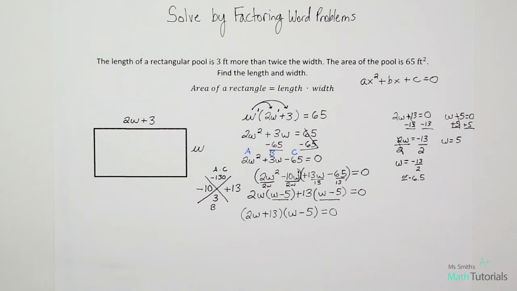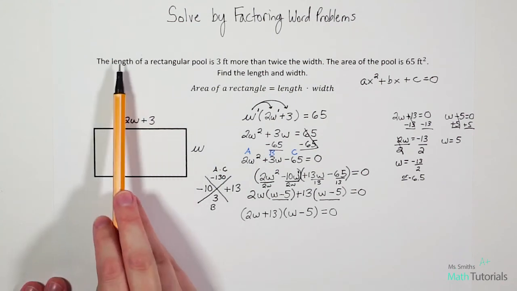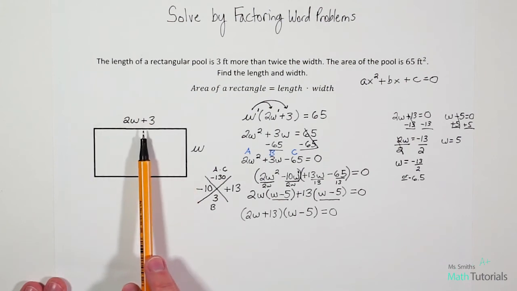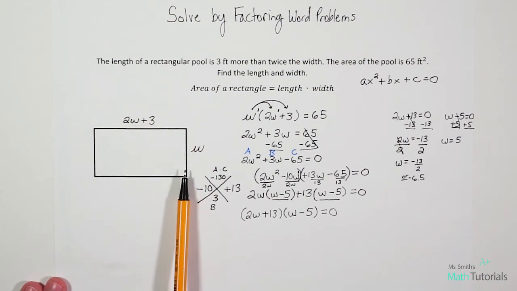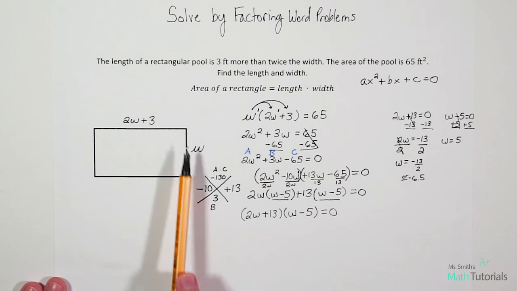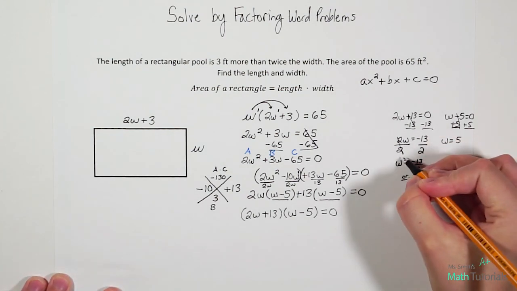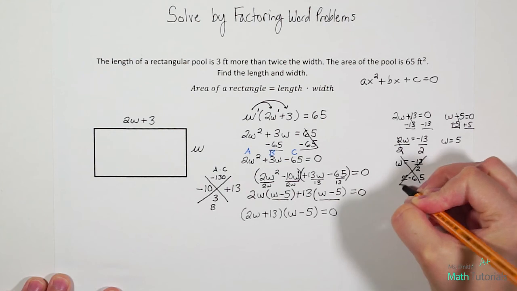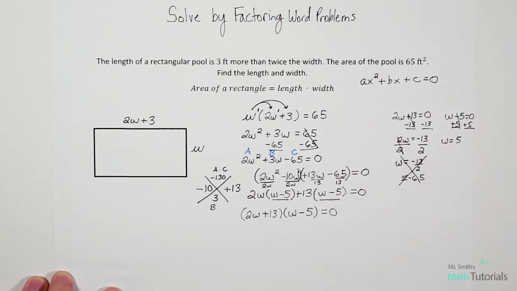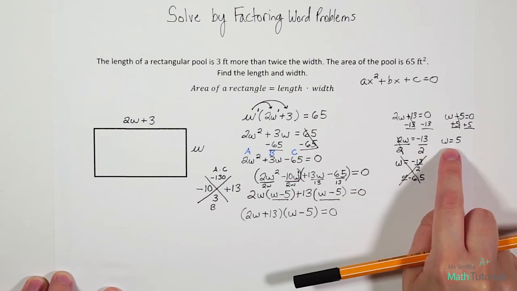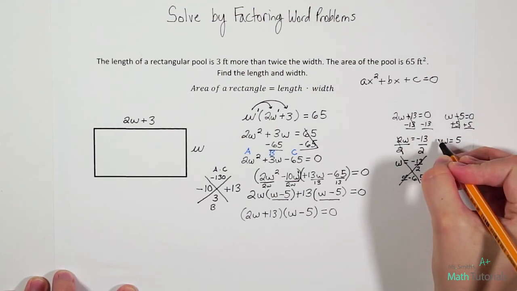I know it feels like a while ago that we were talking about the rectangular pool, but remember, this is a real life situation. Would we ever measure the width of a pool and say, oh, this is negative 6.5 feet? We wouldn't, right? That doesn't make sense in the context of our problem. So what we can do is actually throw away our negative answer. We don't need it. The positive 5 is going to be our answer.